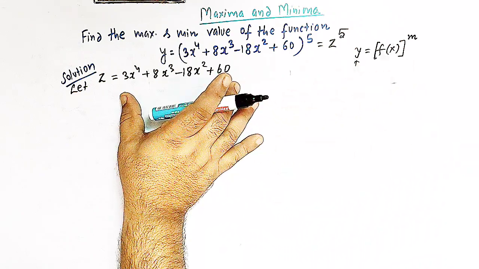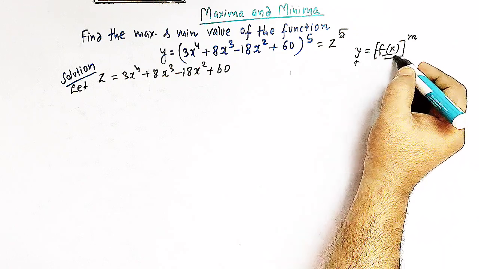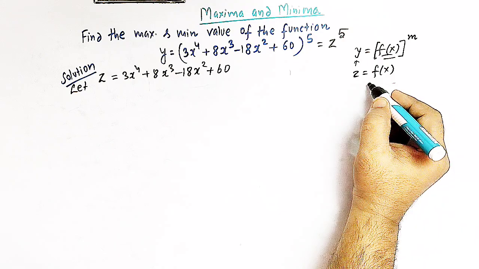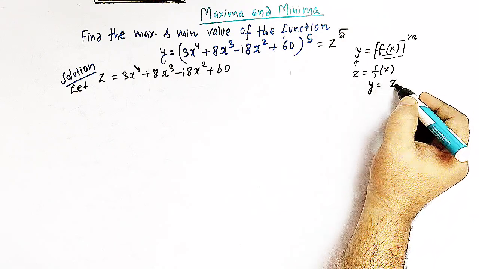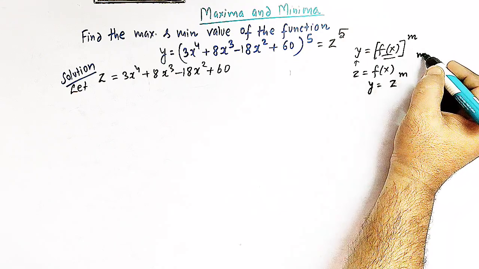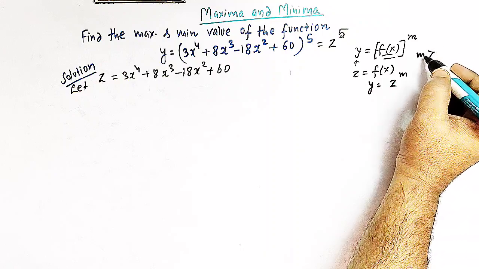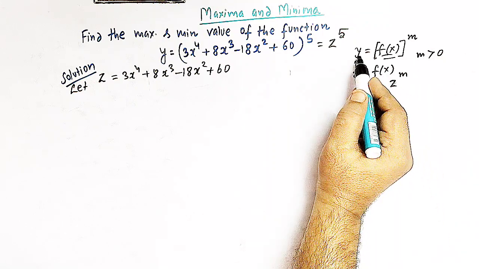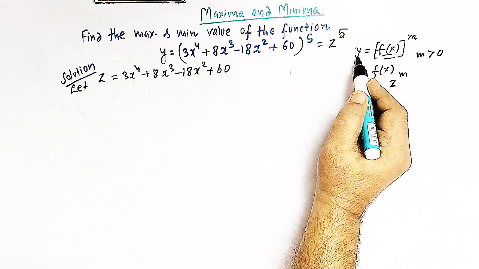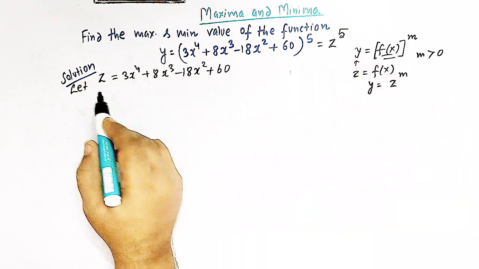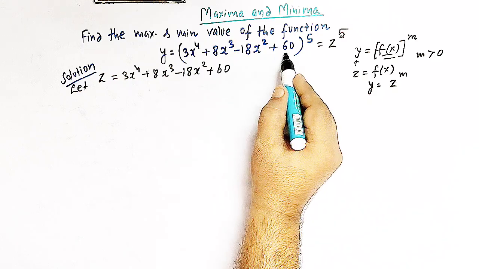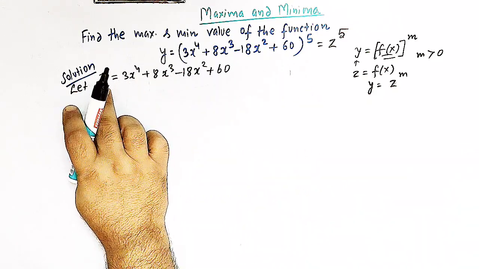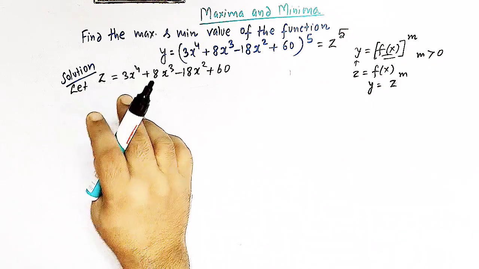Then what we do, we take z equal to f(x), so that we have y equal to z^m, where m is a constant and m is greater than 0. To get the maximum and minimum value of y, we take z equal to this function and find the maximum and minimum value of z.